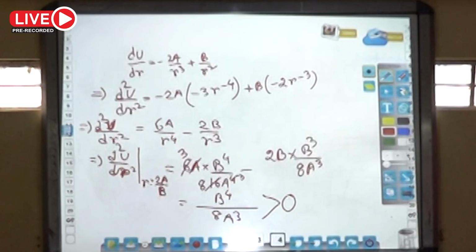So r equal to 2a by b corresponds to the point of stable equilibrium, because b4 by a cube is also a positive value.